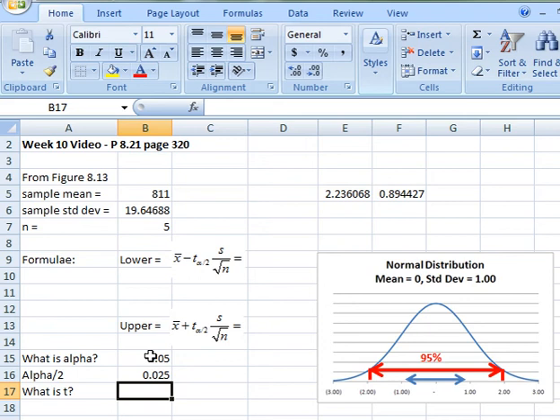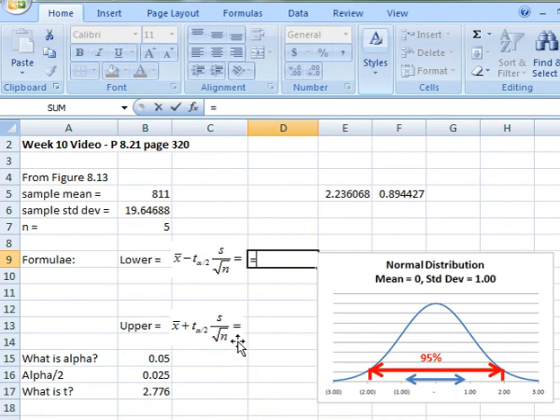So go down the df column to 4, and then scan your eye across to the 0.025 column, and we find a value of 2.776. So I'm going to put that in here, 2.776. And now we can go up here and calculate these values.